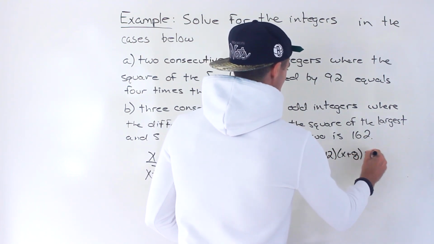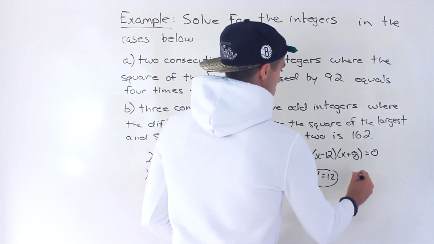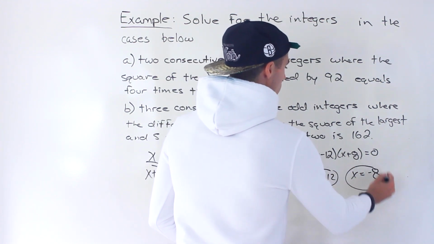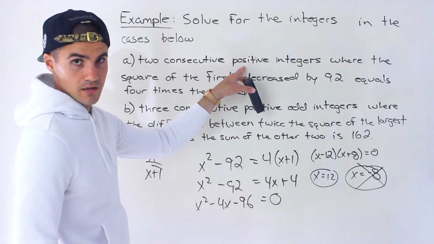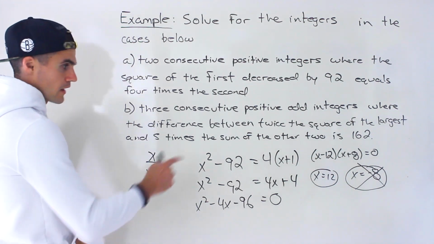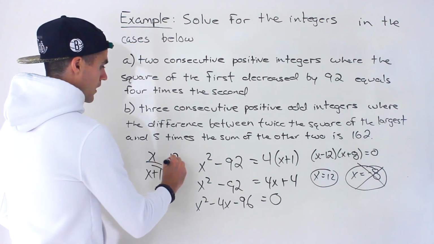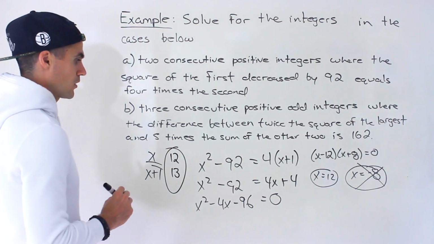We get two solutions, x equals 12 or x equals negative 8, but we ignore the negative because they're looking for positive integers. So we end up with 12 and 13. That would be the answer for part A.